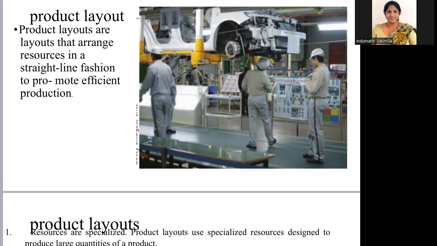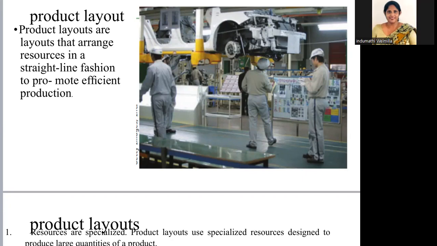Further, we can say product layouts arrange resources in a straight line fashion to promote efficient production. They are called product layouts because all resources are arranged to meet the production need of the product.